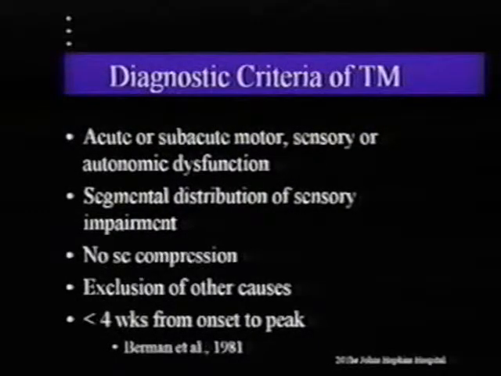And many, if not most people in the acute phase have bowel or bladder problems. There is a segmental distribution of sensory impairment, hence the name transverse. A level often across the chest, depending on the level of inflammation, which defines the transverse aspect of it.